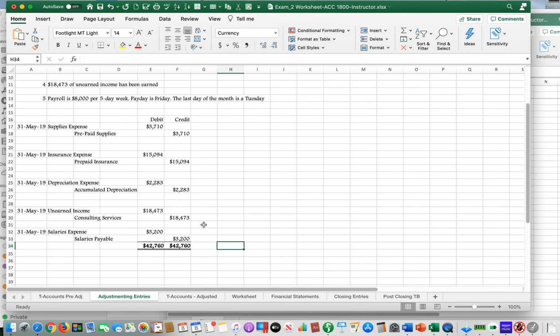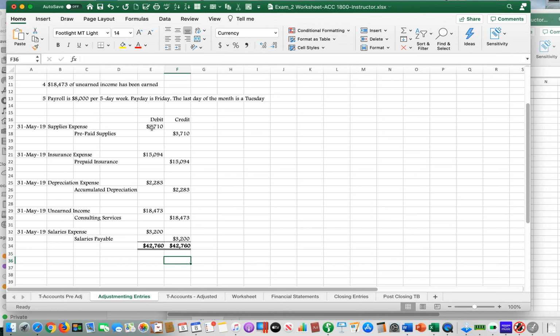Now, something to keep in mind. Here we balanced. If we did not balance, we know we made an error. But even if you balance, you still could have made an error. I mean, maybe the supplier's expense should have been $3,810.